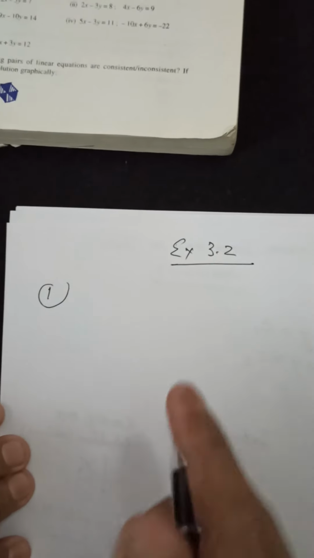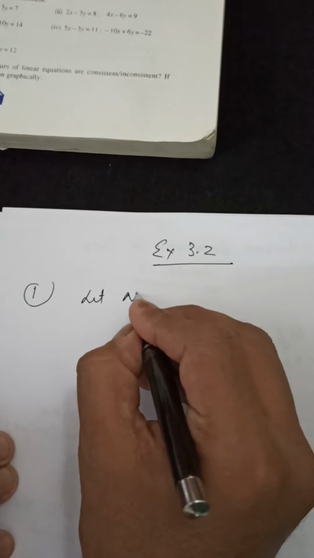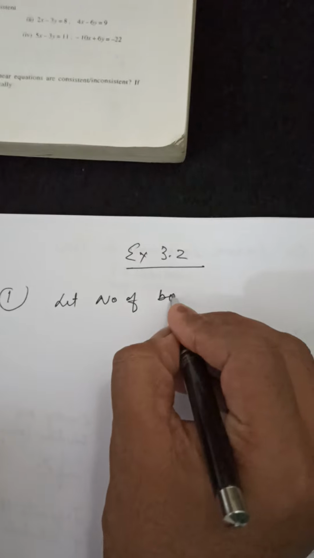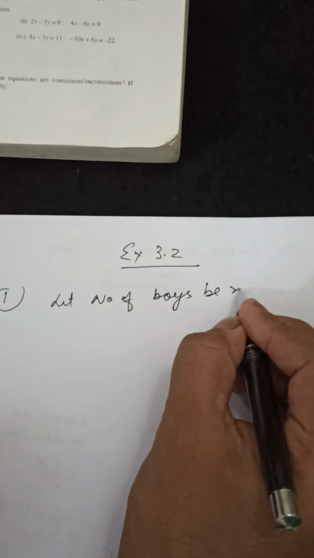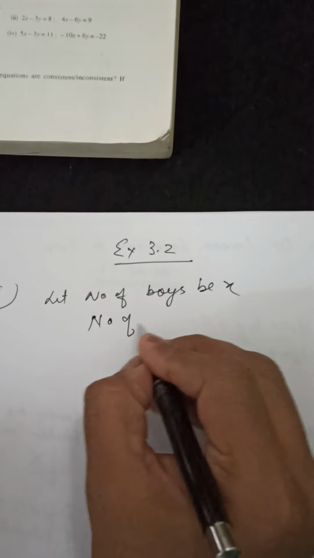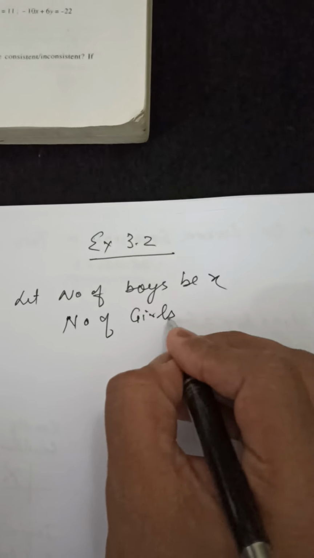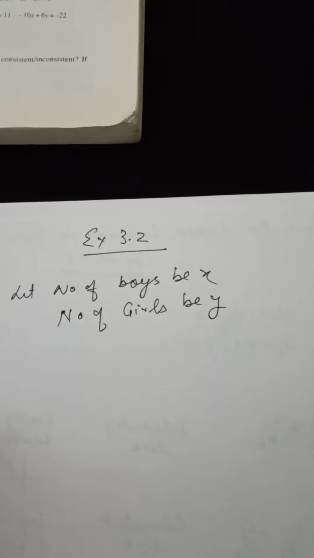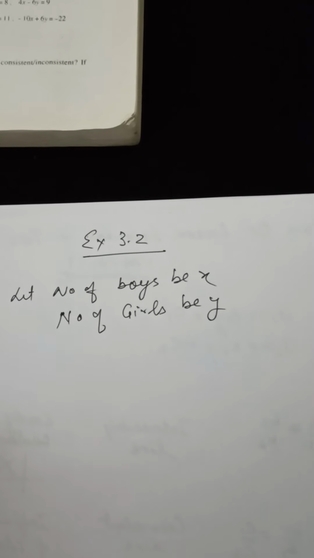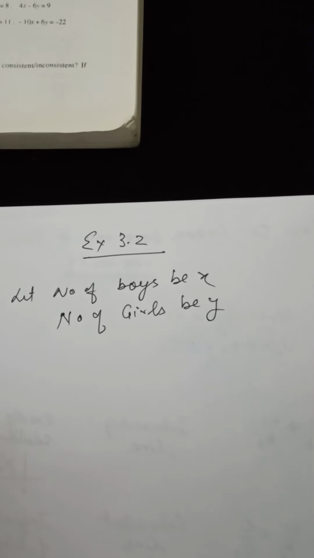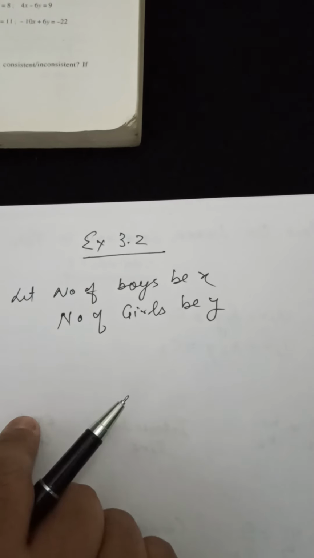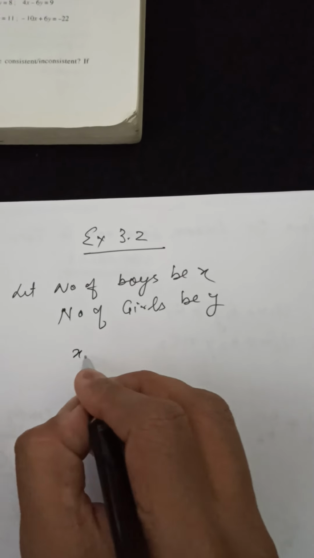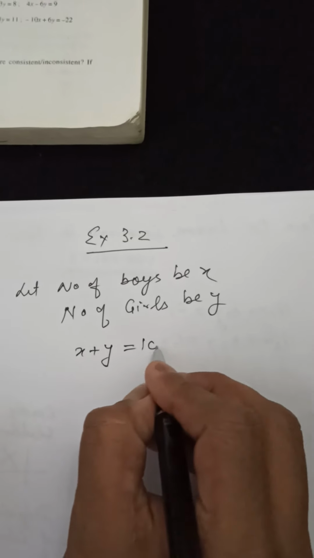Here we have to take let number of boys be x and number of girls be y. We can do this question with one variable also, but since we are doing in class 10th, so we are focusing on two variables. Now the question says the total number of students are 10. That means x plus y is equal to 10.